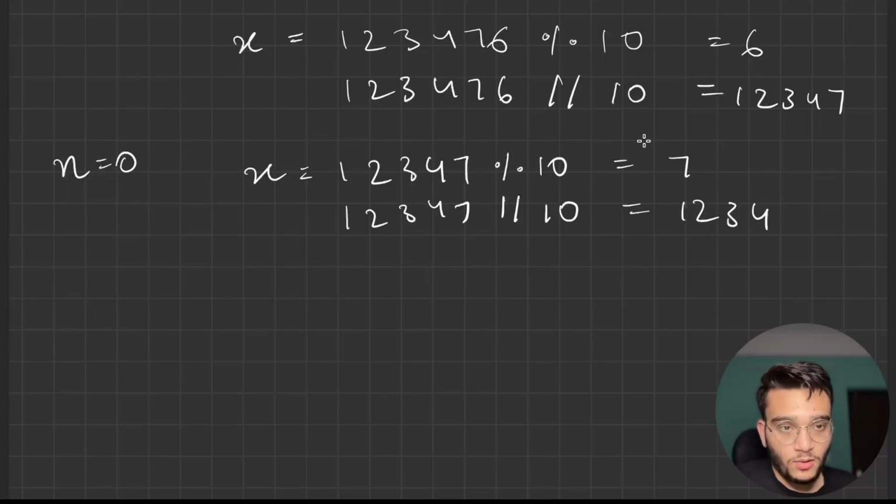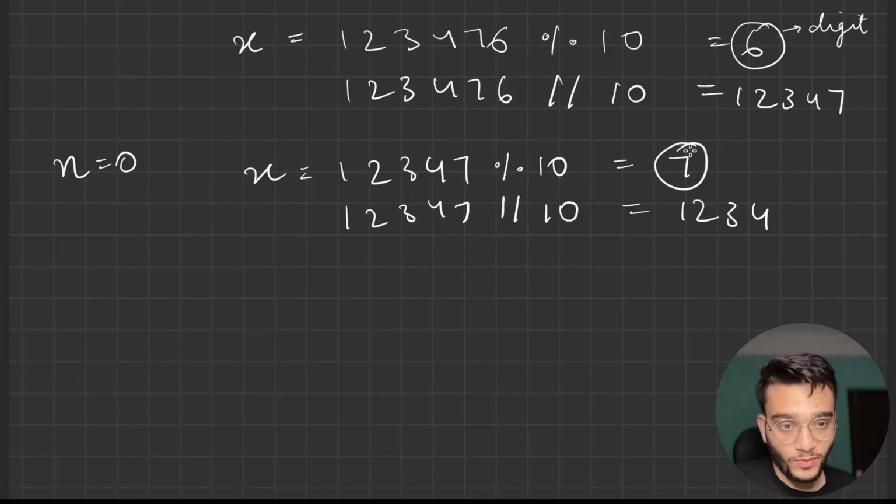Okay. Now let's say this was stored inside a variable called digit. So at first our digit was equal to 6. Now after this operation, in the next iteration of the while loop, our digit variable is equal to 7.